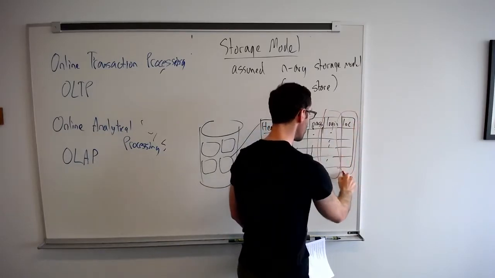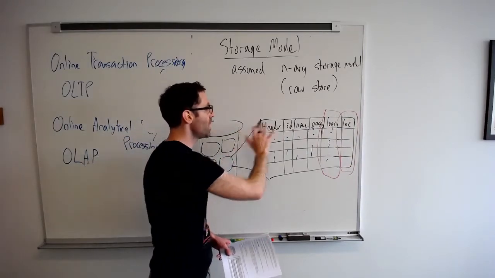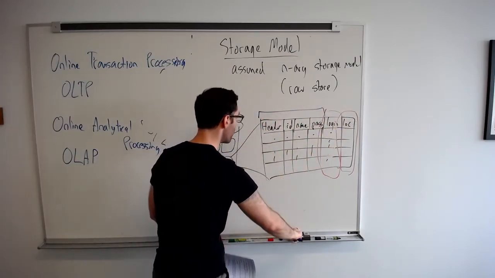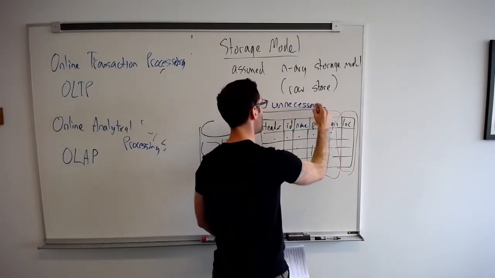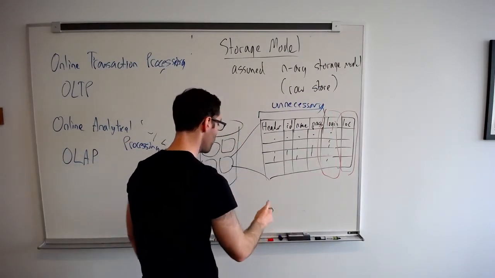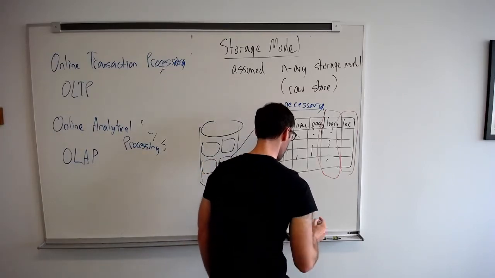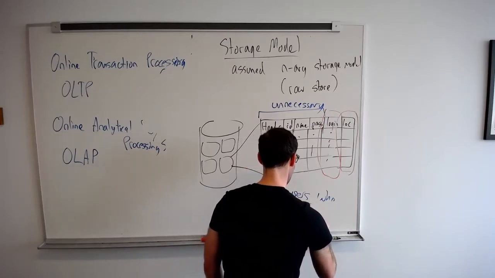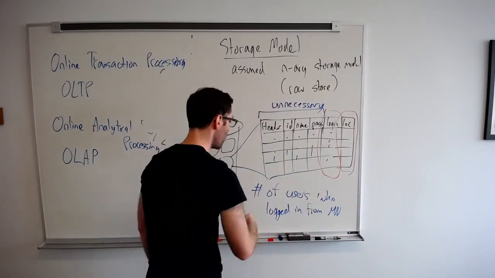When we run that query, the data that we actually need is the login time and the location. But when we read the pages in from our database, we get all this other stuff that we don't need for our particular query of the number of users who logged in from Minnesota in the last month.